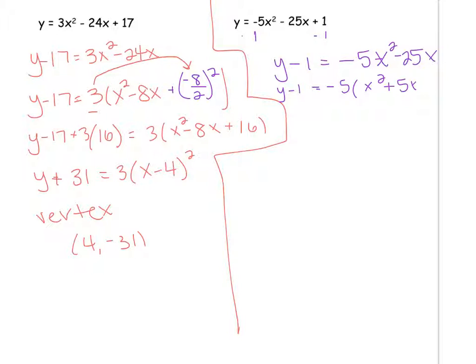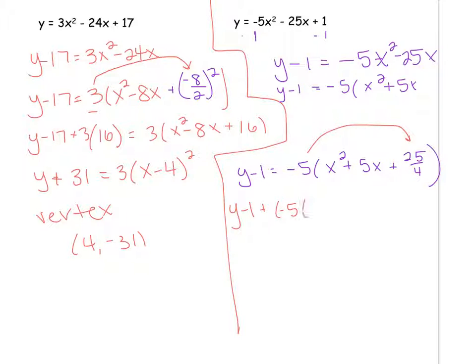So when I add that to the right-hand side, what I'd like you to do, because it really will help you, is to add it as a fraction. Keep in mind what I added: I didn't just add 25 fourths, I added negative 5 times that. So on the left-hand side, you're adding negative 5 times 25 fourths.